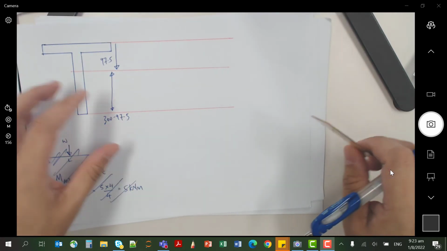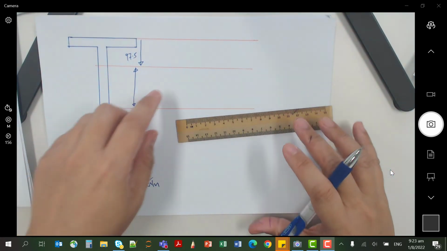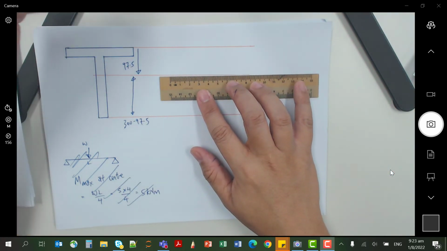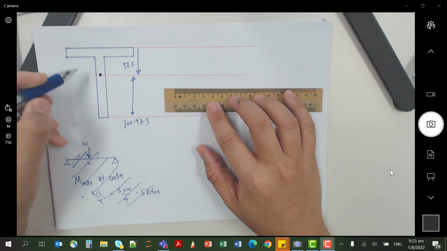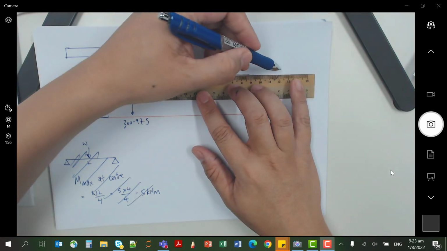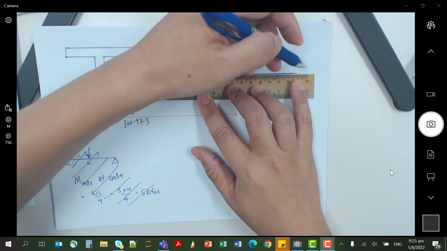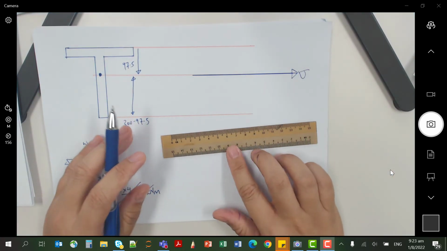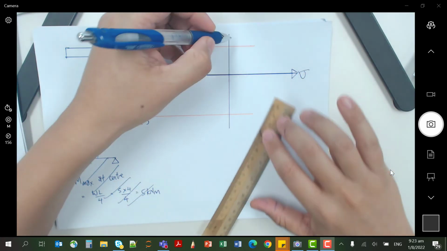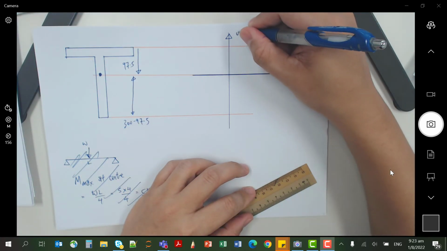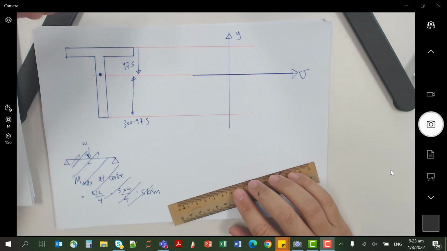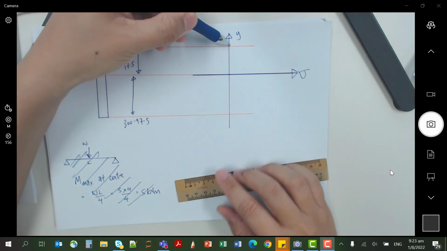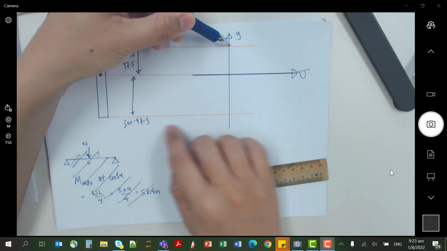Again, at the top, you are going to place the sigma axis at the GG. This is the GG, the center of gravity. You're going to place the sigma axis here, and then draw the y-axis, height. The two limit points, the top and the bottom, will be here and here, based on the height.